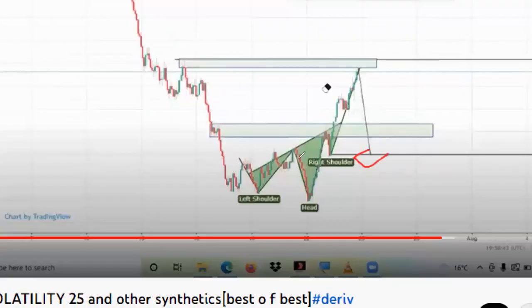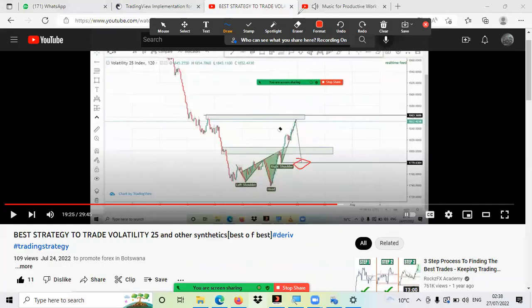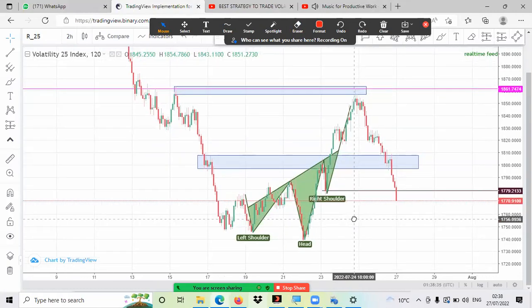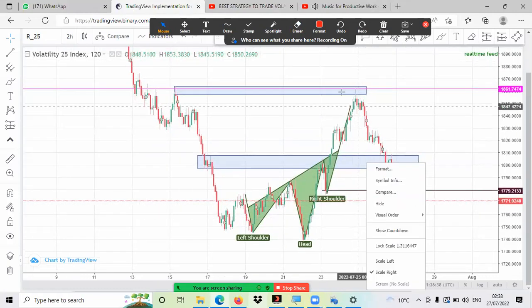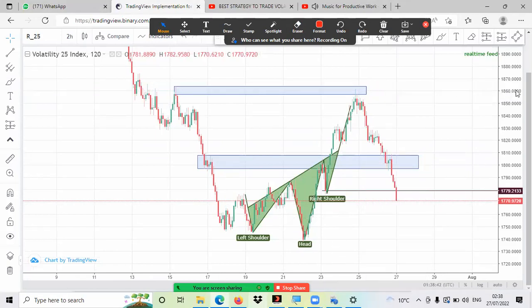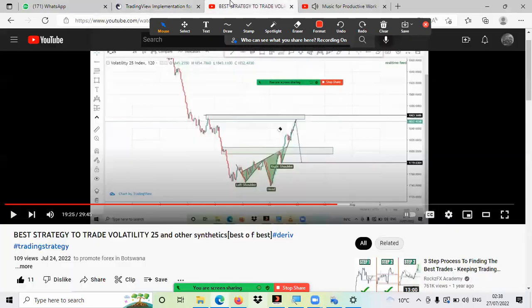We are on the 2-hour time frame. So here it is. According to volatility 25 1s, you can clearly see we had this.